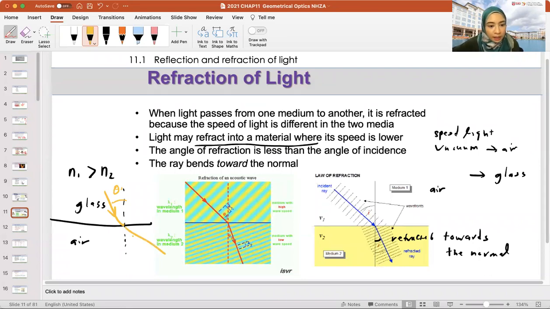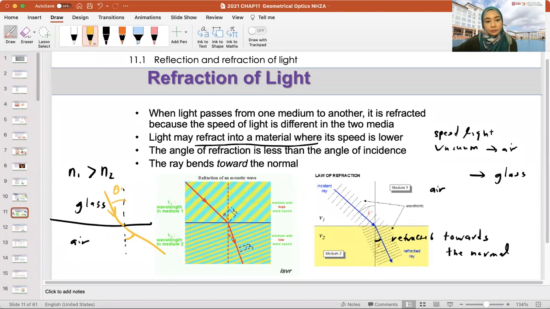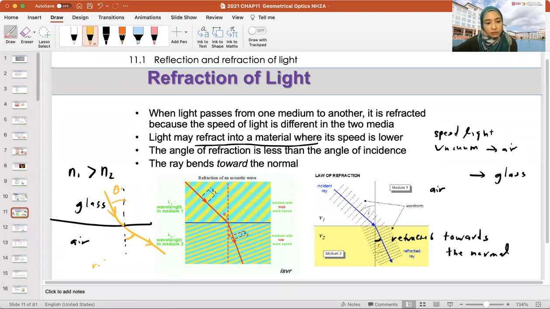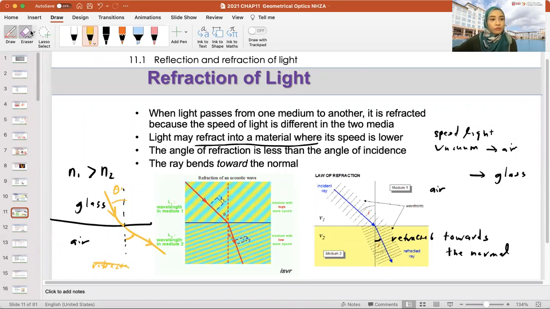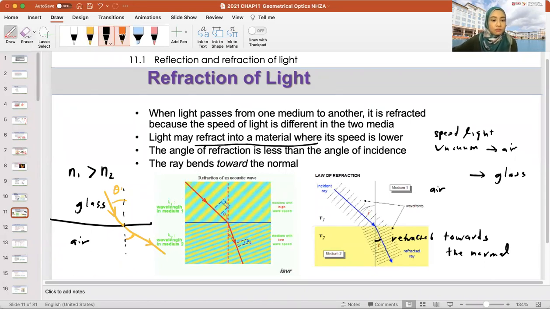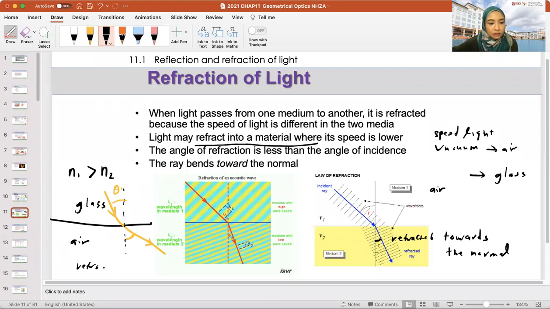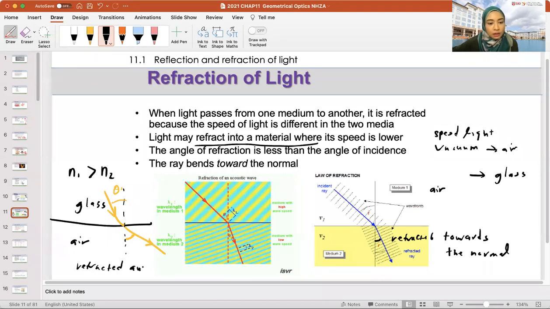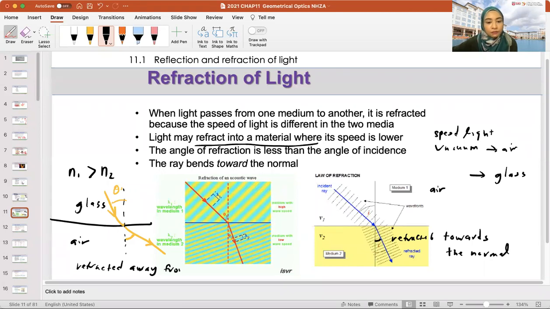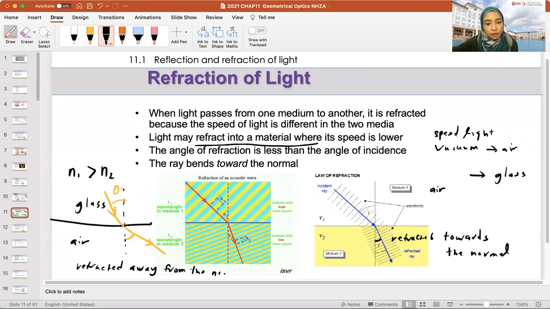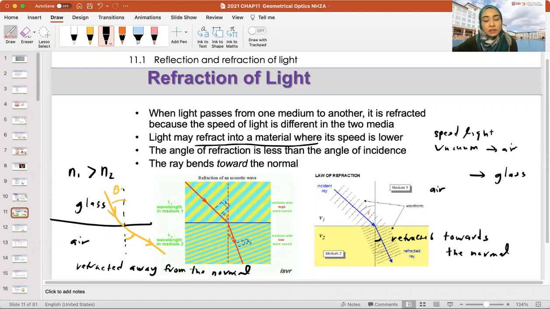So here the angle becomes bigger. So it is refracted away from the normal. We have two instances here. I'm going to repeat myself.